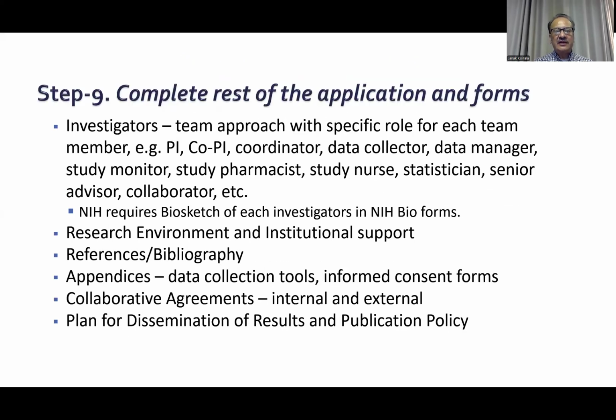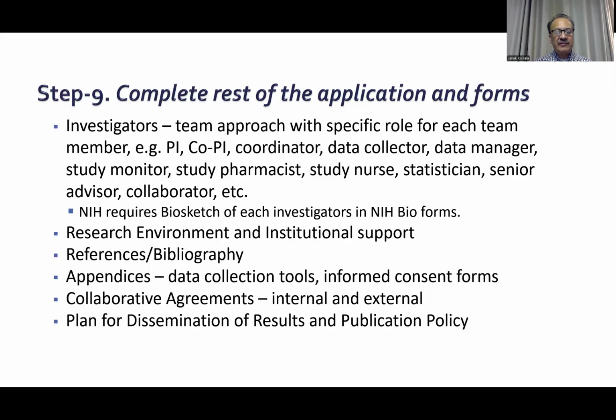Then in step 9, complete the rest of the application forms, such as the specific roles of investigators, and a biosketch or curriculum vitae of the researchers, which need to be submitted to the IRB or IRC. Research environment and institutional support, what kind of environment is there to accomplish the planned research and what kind of institutional support is provided, should be mentioned.